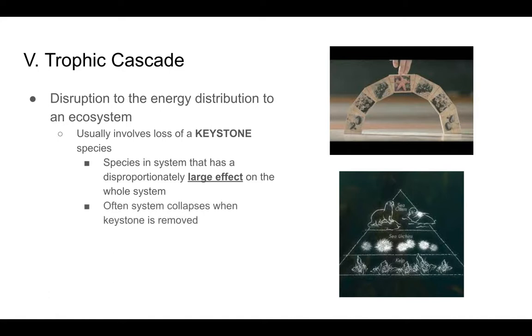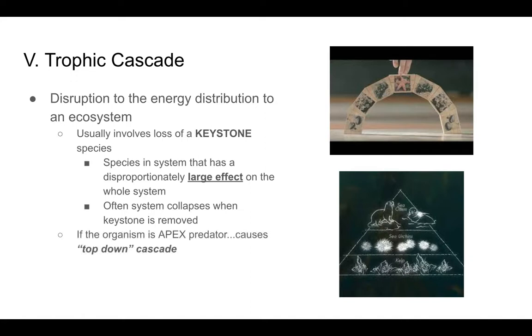If you remove these species, oftentimes you can see a collapse of an entire system. And if not a collapse, then a pretty significant change in the system. So a lot of times the organisms that are removed when a trophic cascade occurs are keystone species.